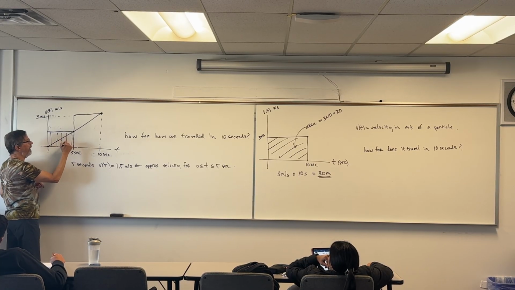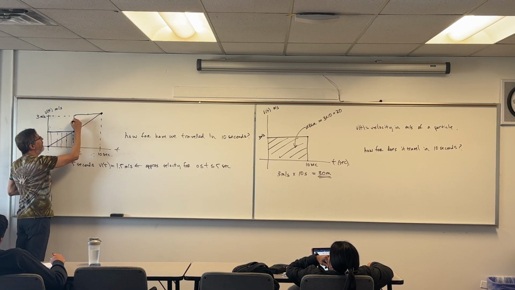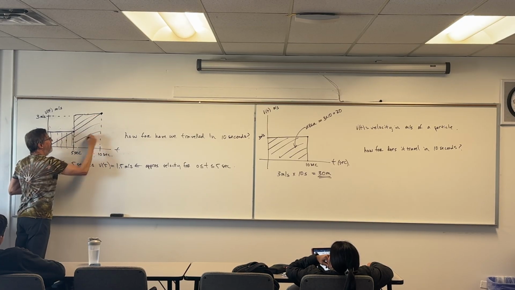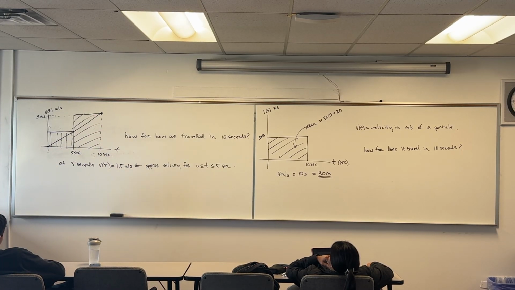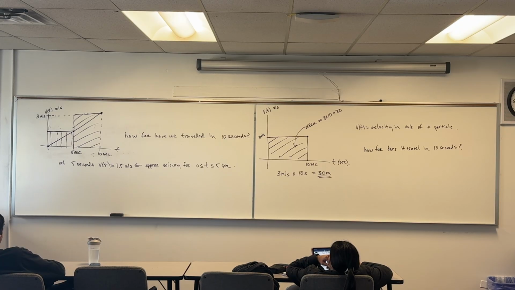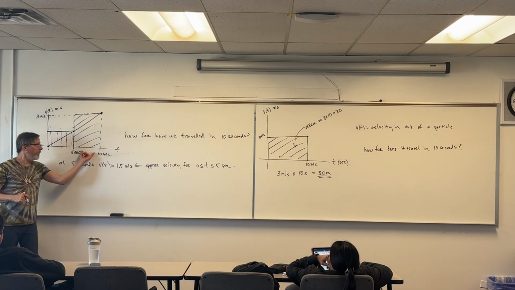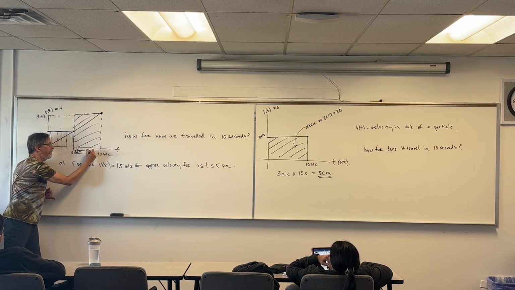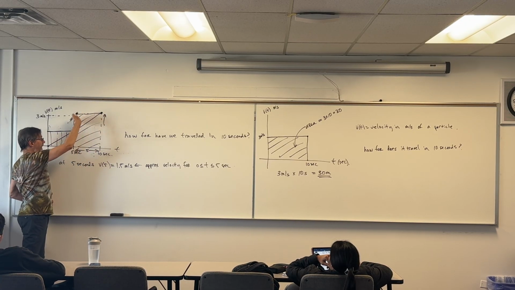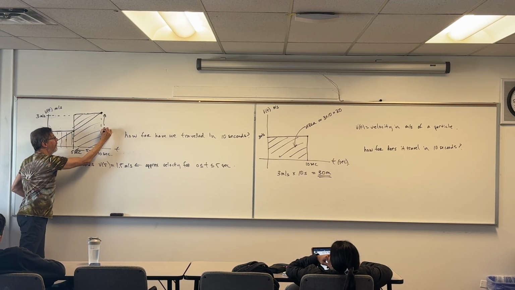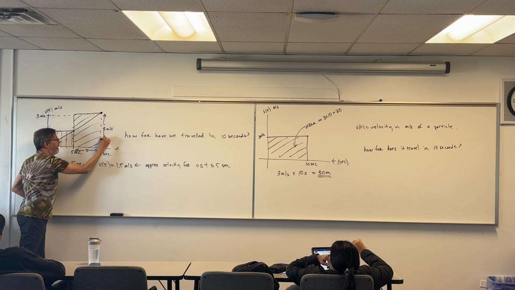So this guy right here, what's the area of that rectangle? 15. Yep, take the base, 5 seconds, times the height we're using to represent that whole segment of travel, and that was 3 meters per second.